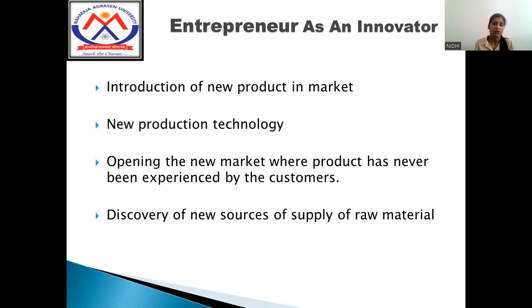Next, why do we say entrepreneurs are innovators? They also open new markets where the product has never been experienced by the customer. If the entrepreneur sees that the product has reached its saturation level and in future it is not going to provide positive results or more sales revenue, then the entrepreneur uses some sort of strategy and changes the market.